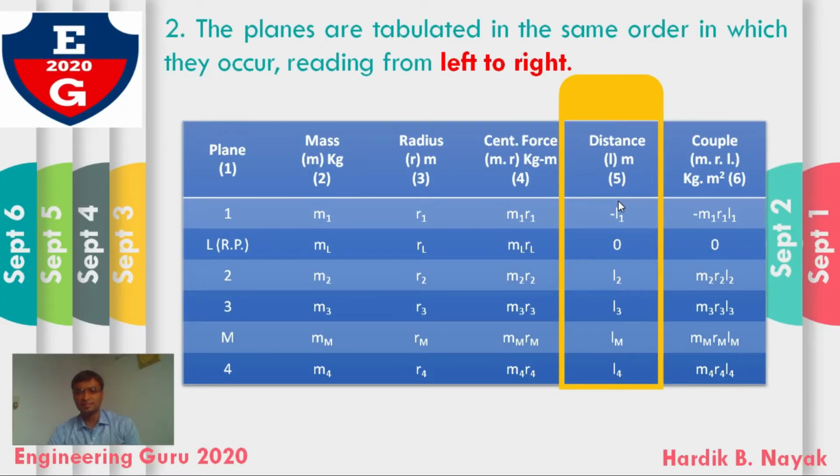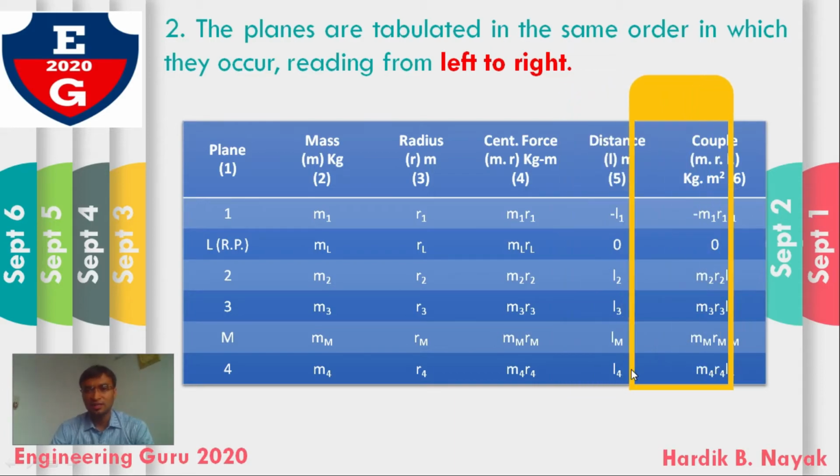It is minus because from the reference plane, left hand side values will be negative and right hand side values will be positive. So mass 1 is on the left hand side of the reference plane, so this value is negative. On the reference plane, the value will be 0, and from the reference plane, right hand side values are all positive. Here you can see L2, L3, LM and L4.